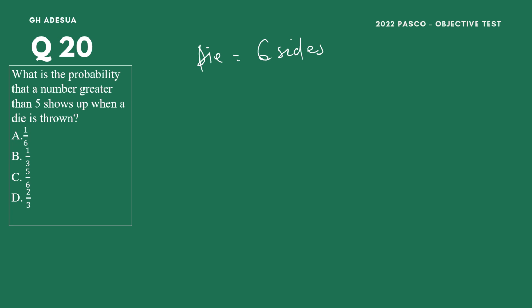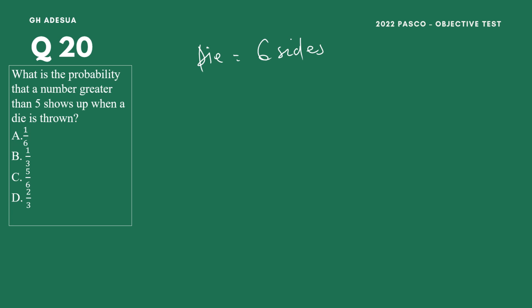And I'm asking what is the probability of a number greater than 5? We know that the numbers 1 through to 4 are less than 5, but the one greater than 5 is 6. So the number greater than 5 on a 6-sided die shows up just once.